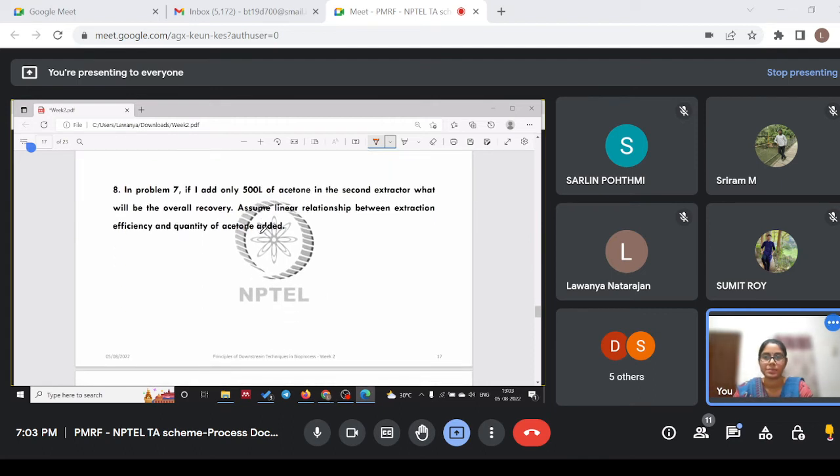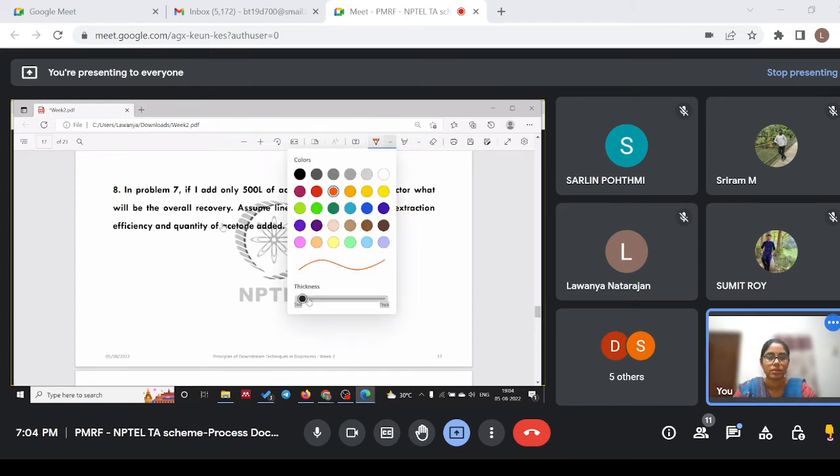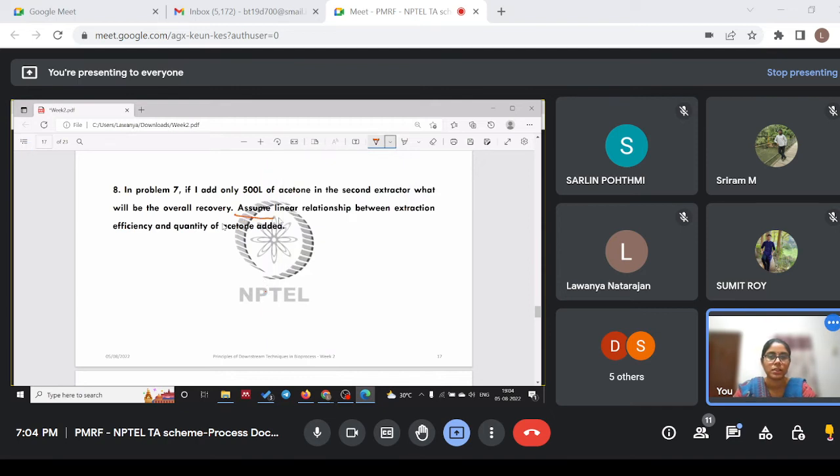Question number 8. In problem 7, if I add only 500 liters of acetone in the second extractor, what will be the overall recovery? And most importantly, assume linear relationship between extraction efficiency and quantity of acetone added. What does that mean?